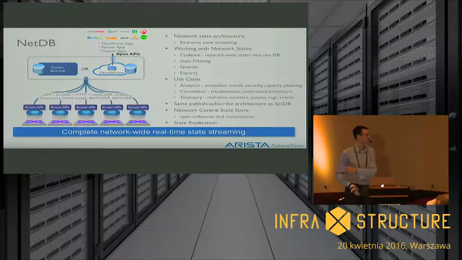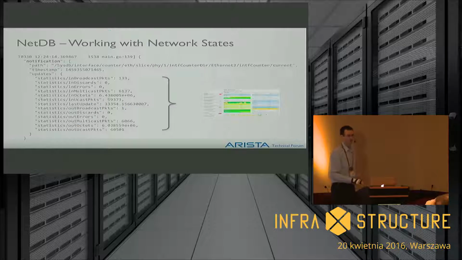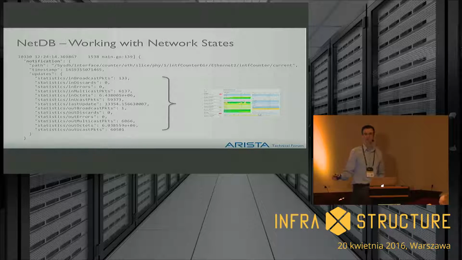You can write a Python script, or a Ruby script, or a C++ binary to stream that information out to one of your servers, to one of your controllers, where you can consume all the states that are in the Arista EOS, meaning all the tables, all the logs, all the counters, in real time.